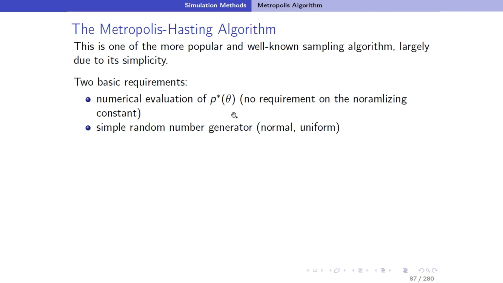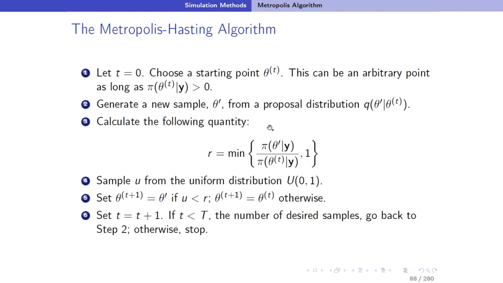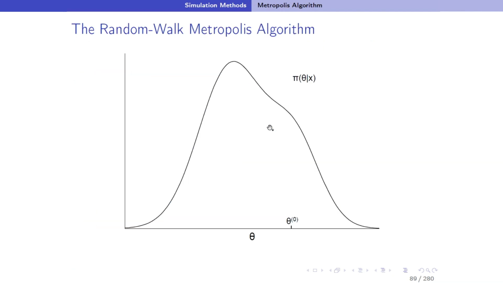All you need to know is the functional density of the distribution and some random number generator, and then you'll be able to do this. Here's a picture of it. Let's say that I want to draw from pi of theta given x. I don't know what the shape of it is. It's certainly not any distribution that I know of, but I still need to sample in proportion.